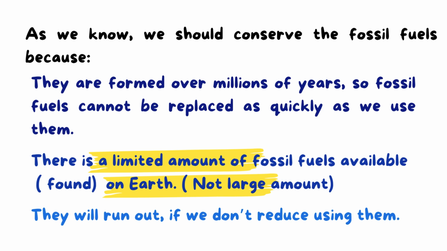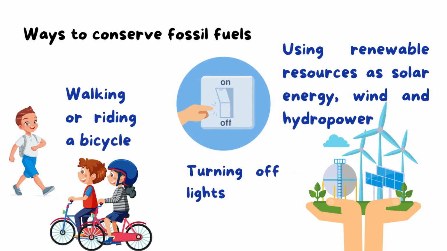That there is not a large amount of fossil fuels found on Earth. Okay, so limited amount means not a large amount, and available means found. Also, they will run out if we don't reduce using them. So we need to know ways to conserve fossil fuels.